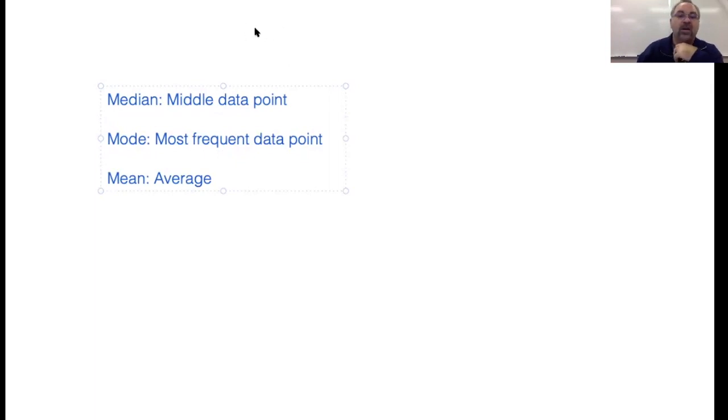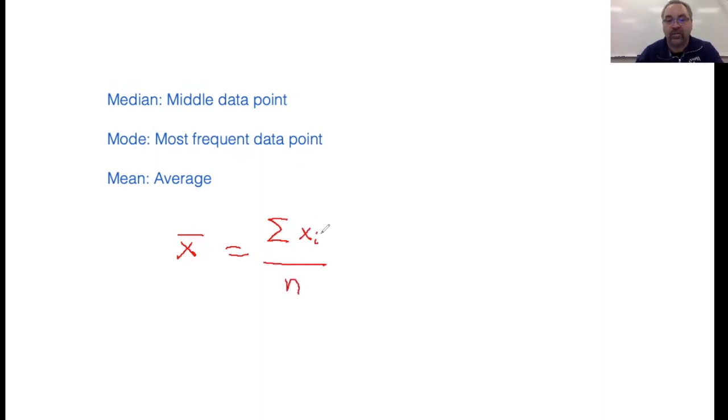As for this last one, the mean, there's actually a formula that I'm going to write out here, and it's going to use a notation that maybe you've seen before, maybe you haven't. For the average of a data set that's a sample, we have this little x with a bar over it. We call it x bar. We're going to use this Greek letter sigma, and we're going to add up each of the data points.